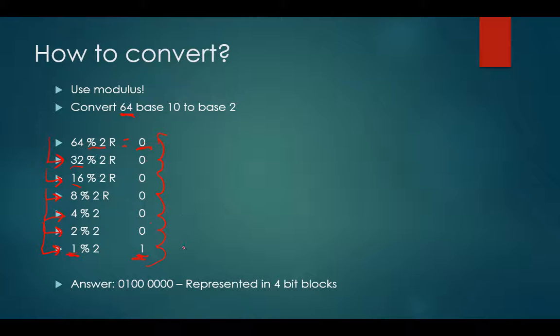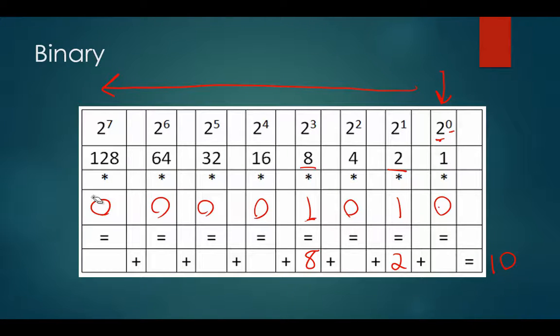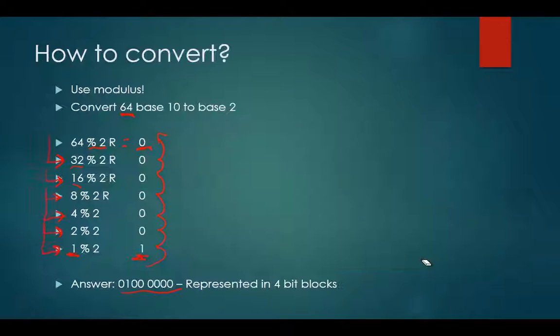So you can see here this number, that's 64. If we go back to our table, let's go back to this one. What did I say the number was? 0, 0, 0, 0, 0, 0, 1.